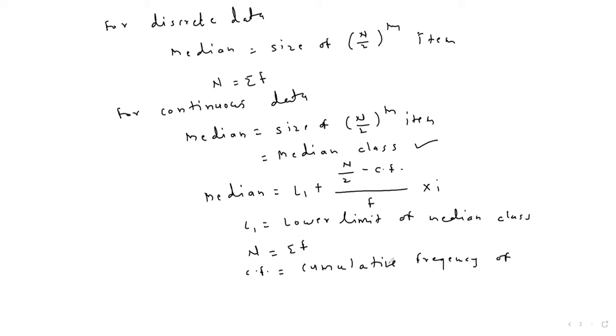CF is equal to the cumulative frequency of the class previous to the median class. f is equal to the frequency of the median class.